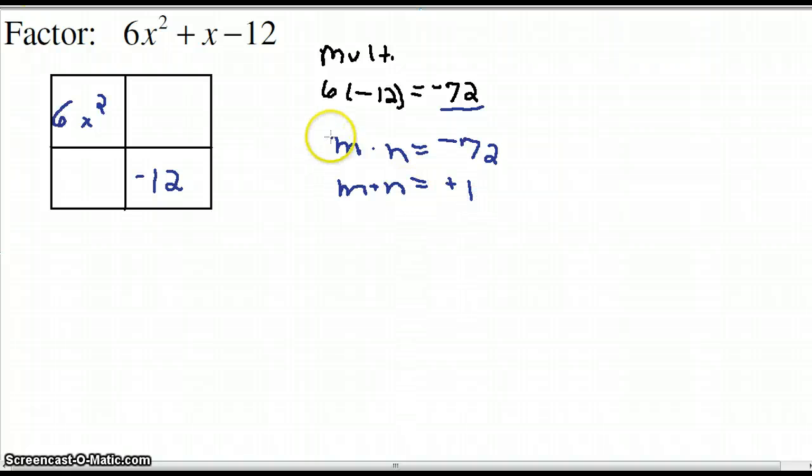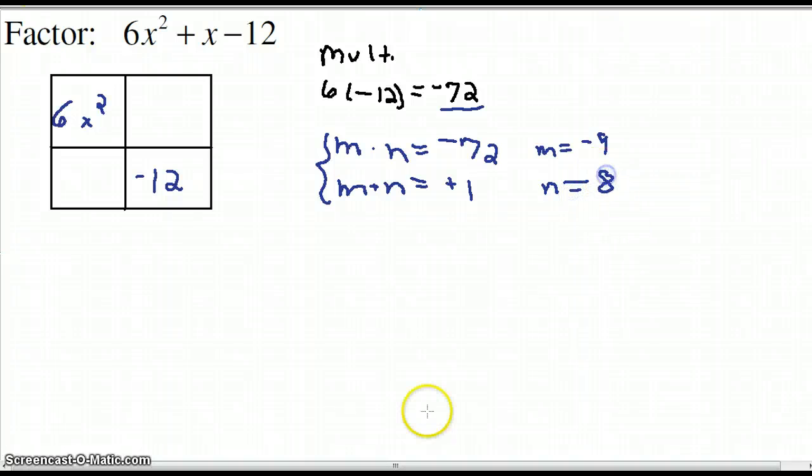Okay, it's this here that kind of makes it just like factoring in a quadratic that has x squared as the leading term. So 2 numbers that multiply to give you negative 72, essentially that are 1 apart from each other. We'll say one of them is the negative 9, and the other one is a positive 8.